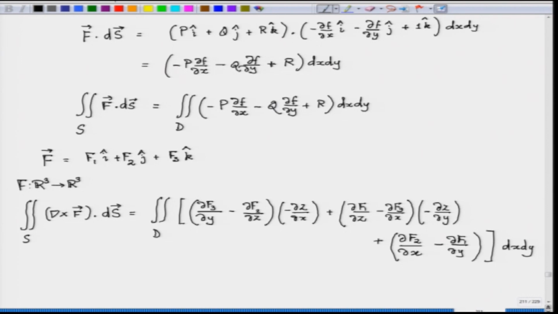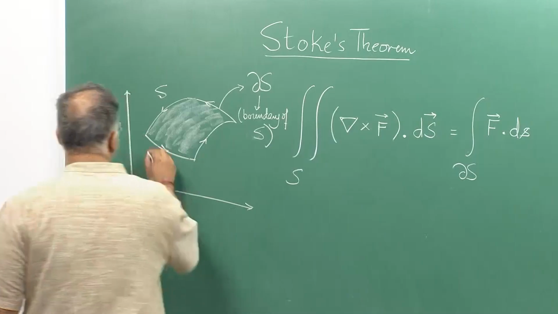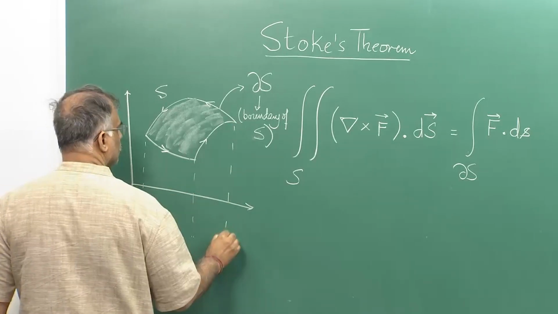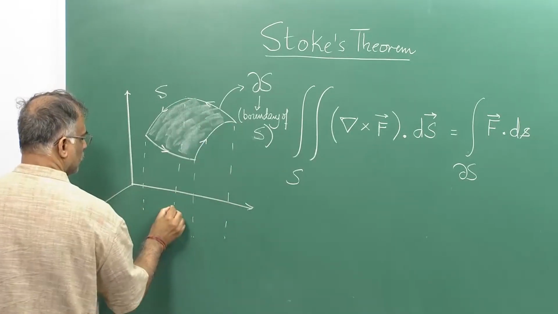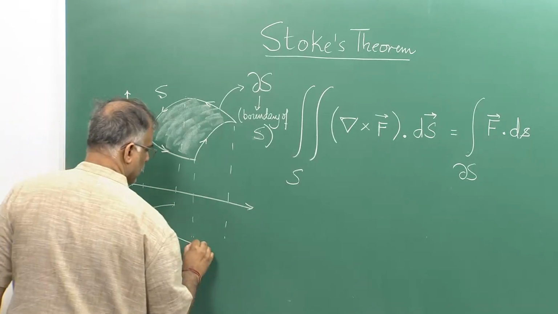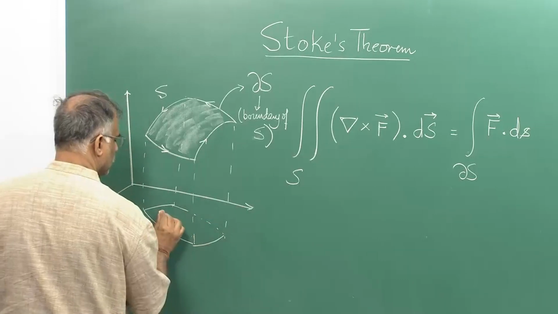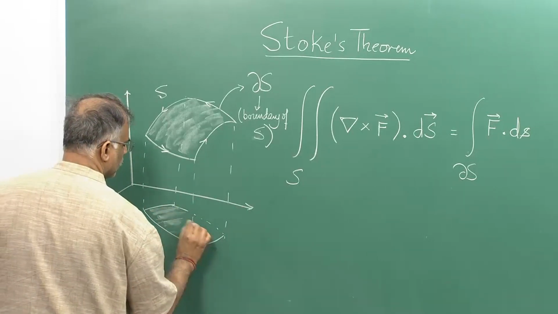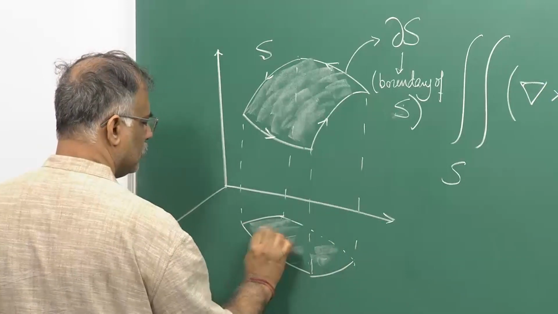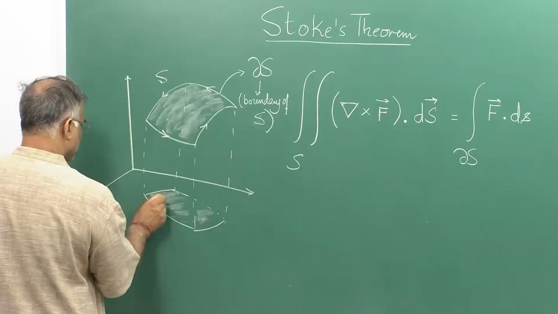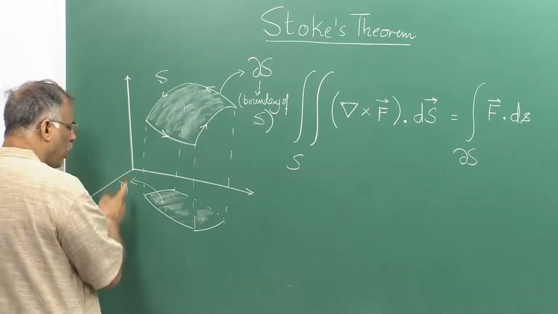Now, this S that we had drawn is related to a domain D on the 2D plane, could be some domain like this. How is D oriented? How am I moving along D?